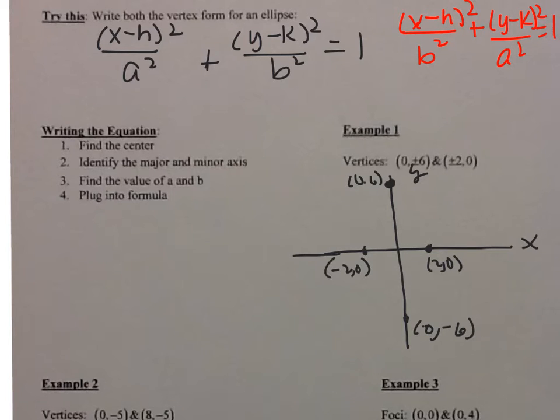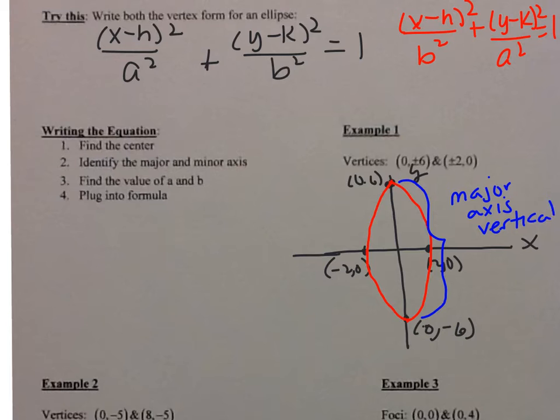So here is my ellipse. We can tell that the major axis is this way, it's vertical. So that means my a is going to go underneath the parentheses that has the y.